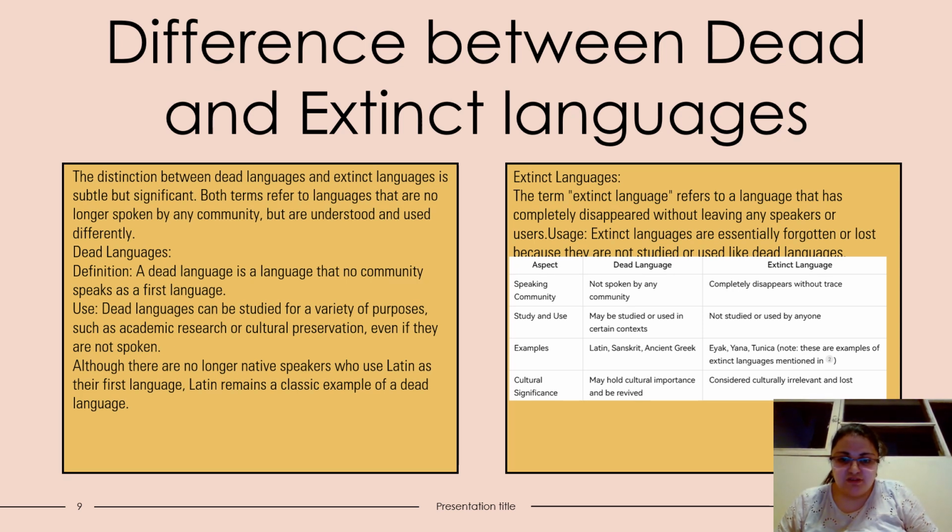Cultural significance: may hold cultural importance and be revived. And in extinct language, the speaking community completely disappears without trace. Study and use: not studied or used anymore. Examples: Heya, Yana, Tunica. These are examples of extinct languages. Cultural significance: considered culturally irrelevant and lost.